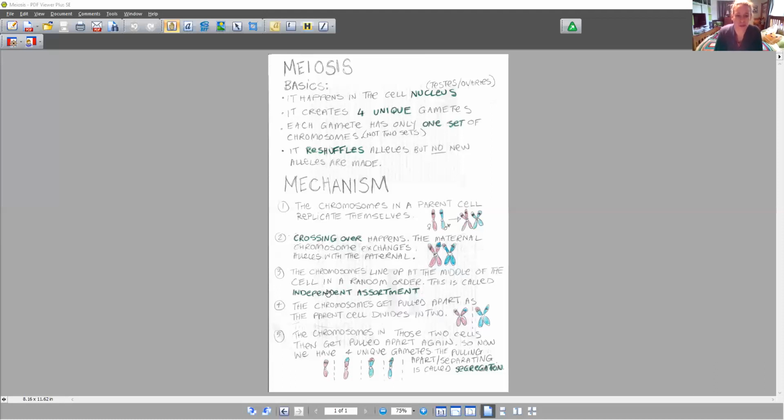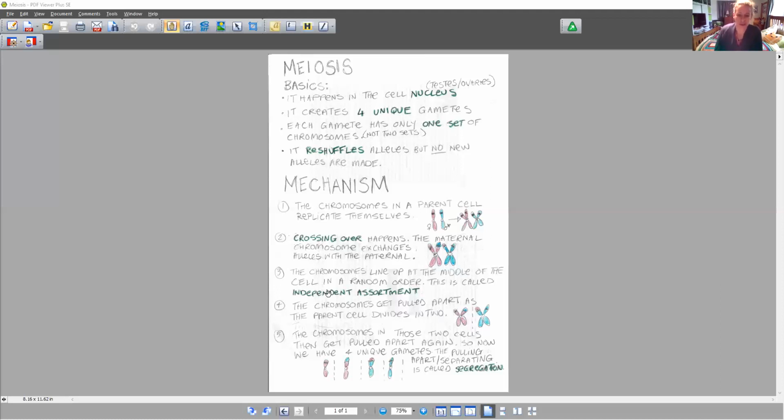How does it work? The mechanism is a flash name for process, and every time I think of mechanism, I think of steps. It's a method or a step process. So step number 1, the chromosomes in our parent cell in the testes and ovaries replicate themselves.